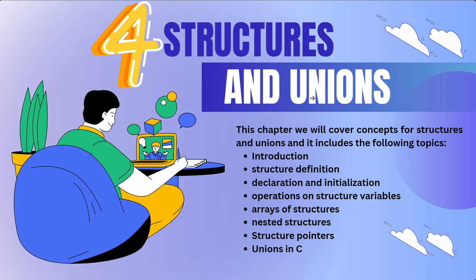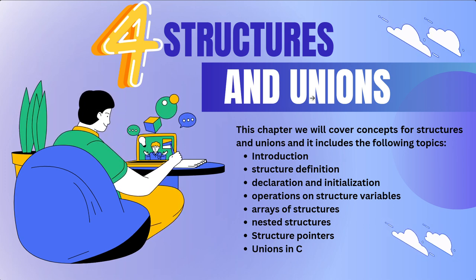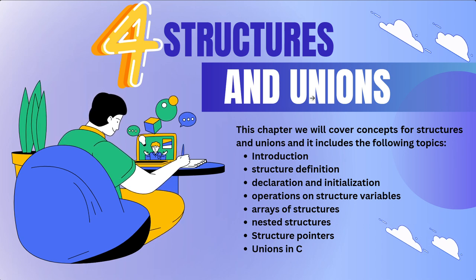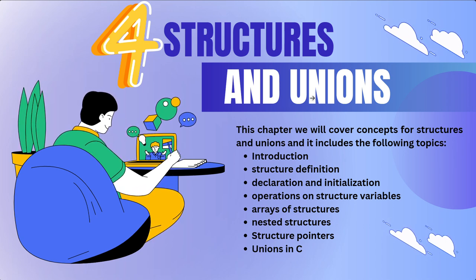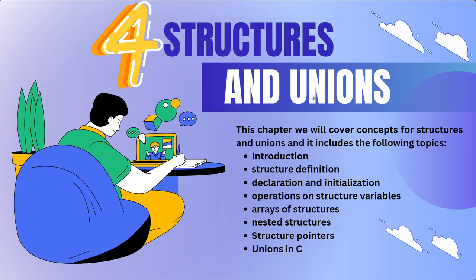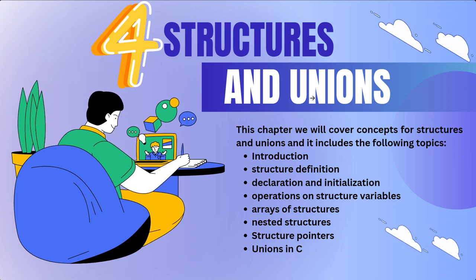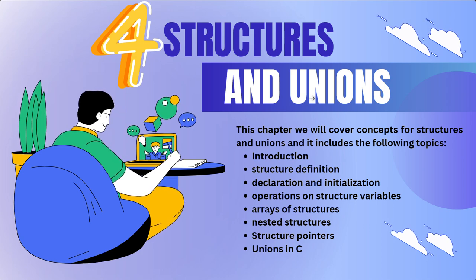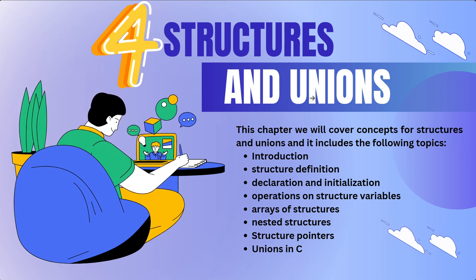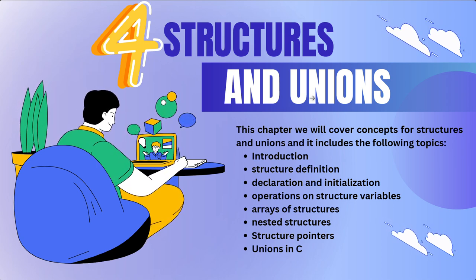In this chapter we will cover the concepts of structures and unions, which include the following topics: the introduction, structure definition, structure declaration and initialization, operations on structure variables, arrays of structures, nested structures, structure pointers and unions in C. Okay, I hope this chapter will be super fun. So let us begin.